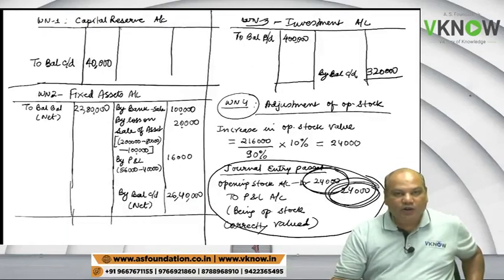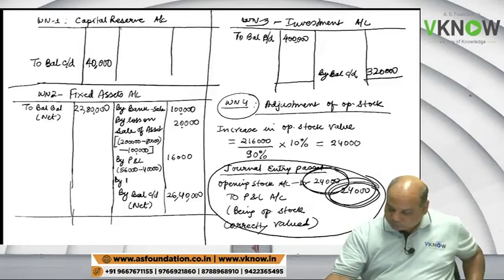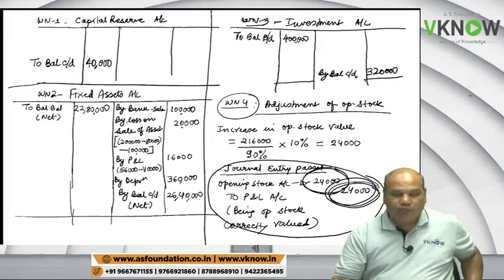Fixed asset account credit side, by depreciation 3,60,000. Now fixed asset related adjustments are over.